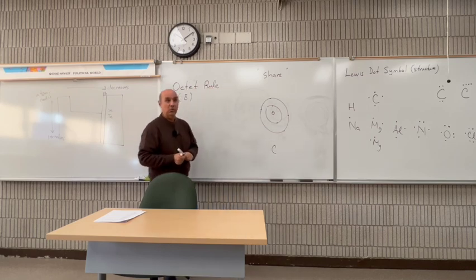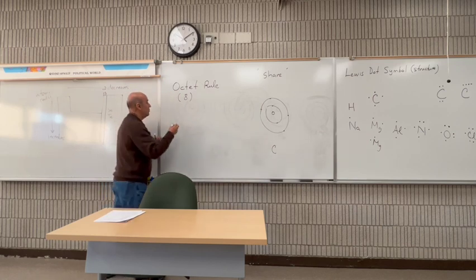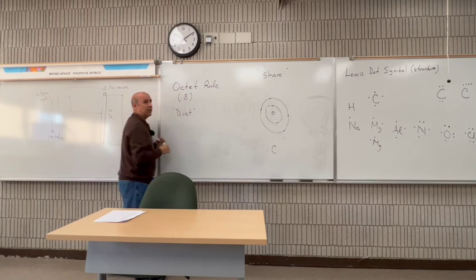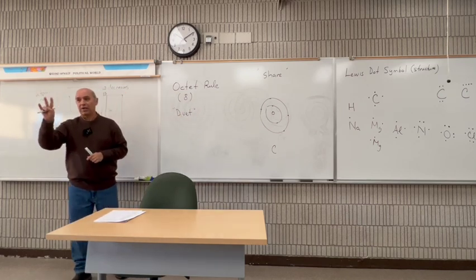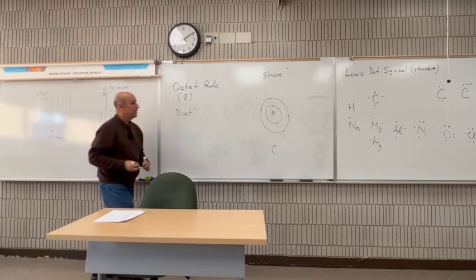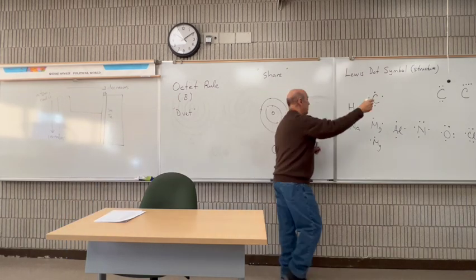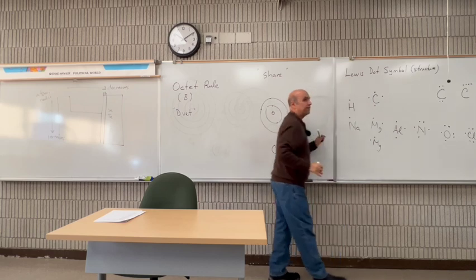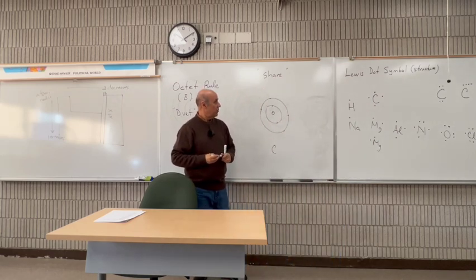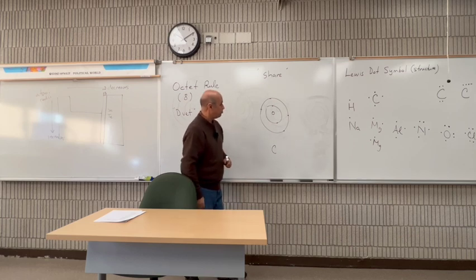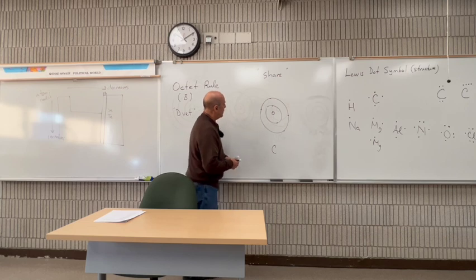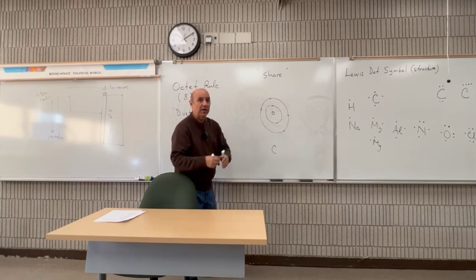I mentioned to you much earlier, probably 2-3 weeks ago, that hydrogen likes to complete a duet. So 2 electrons is all hydrogen wants in the outermost shell. Hydrogen, when you look at the periodic table, has only 1 electron. Atomic number 1, 1 proton, 1 electron, right? So we have hydrogen with 1 electron. Carbon has 4. Carbon is always looking for 4 electrons to share.